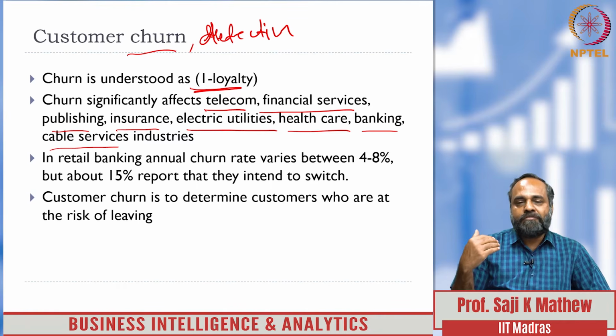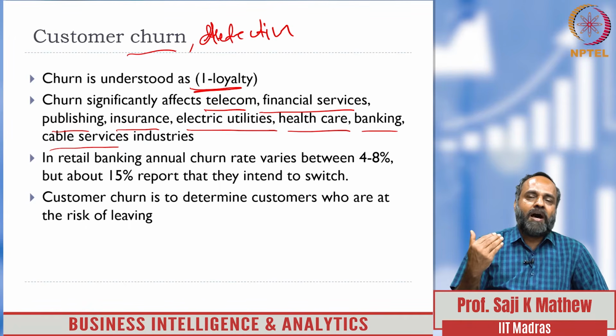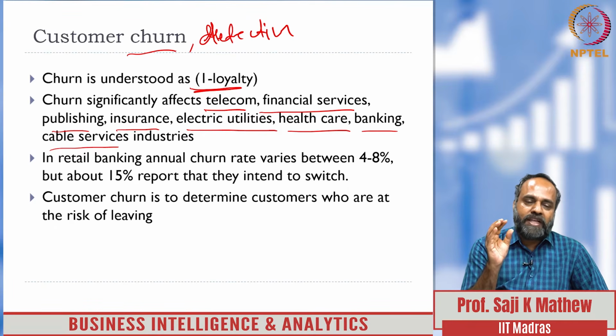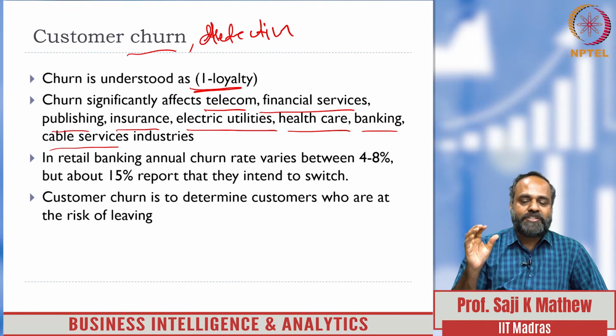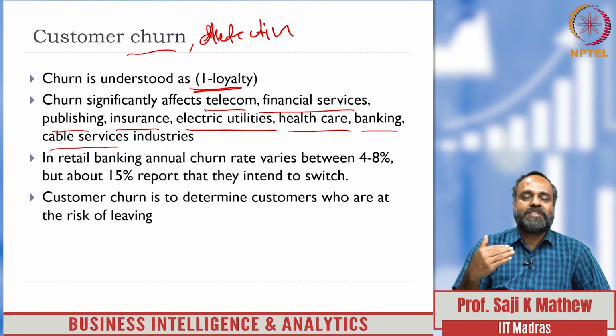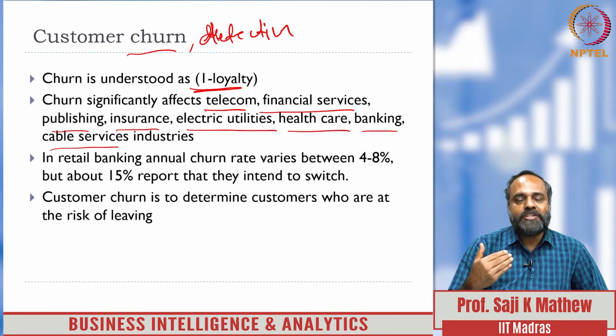So if it's a 2-year contract that you enter into with Verizon or AT&T, it is important for the business to retain that customer at the end of the 2 years, and that is when the companies are very careful that they have to ensure that defection doesn't happen.